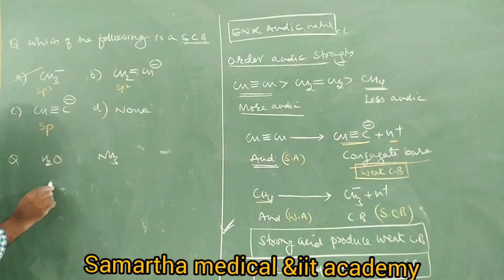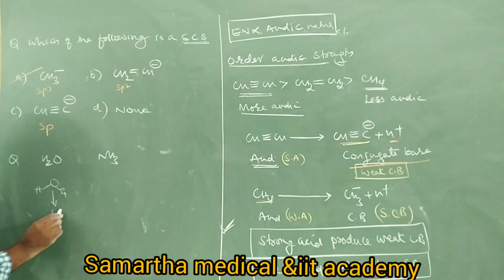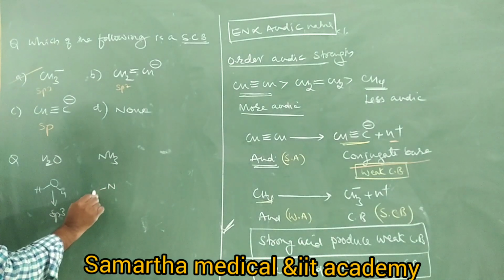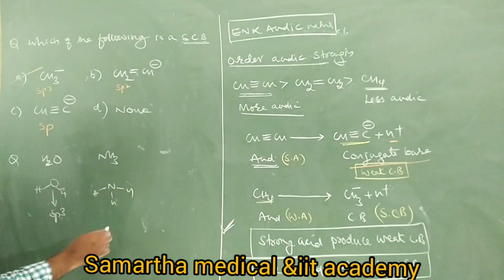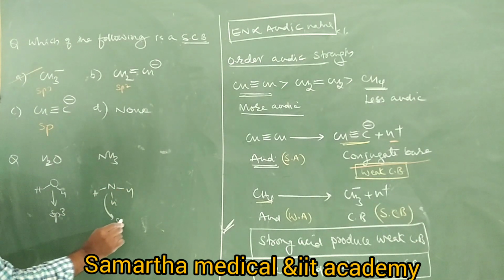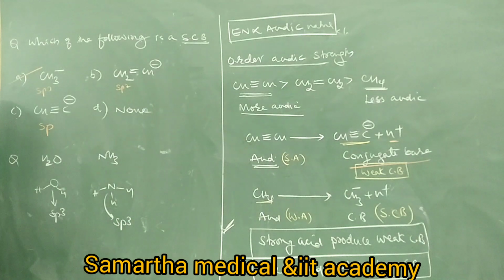In water, oxygen is attached to 2 hydrogens, it is sp3 hybridization. Next, nitrogen is attached to 3 hydrogens, and this nitrogen is also sp3. So both have the same hybridization, but whose electronegativity is more? Oxygen's electronegativity is more, right? So more electronegativity, more acidic.